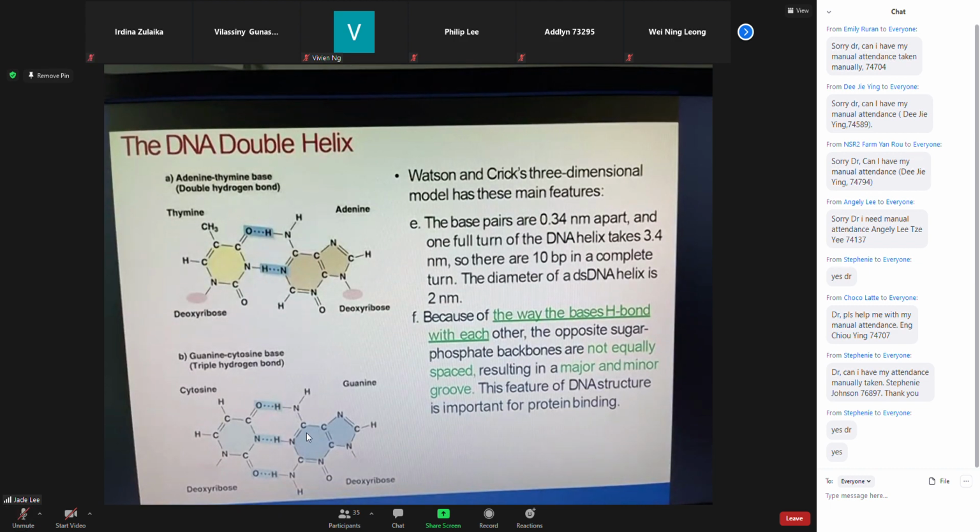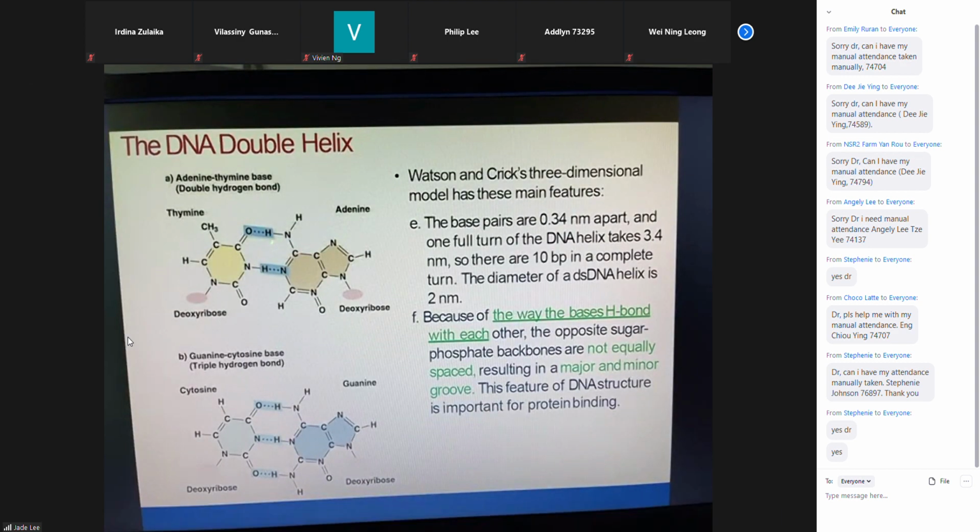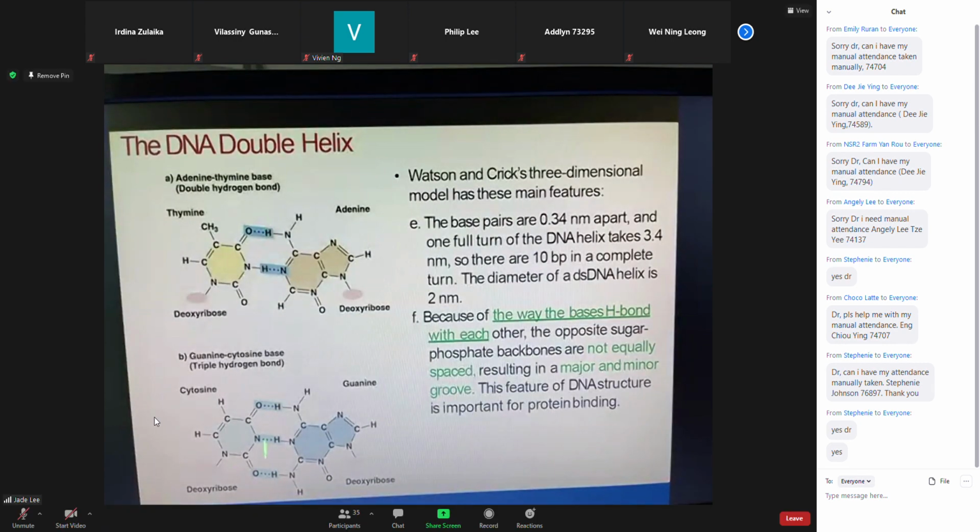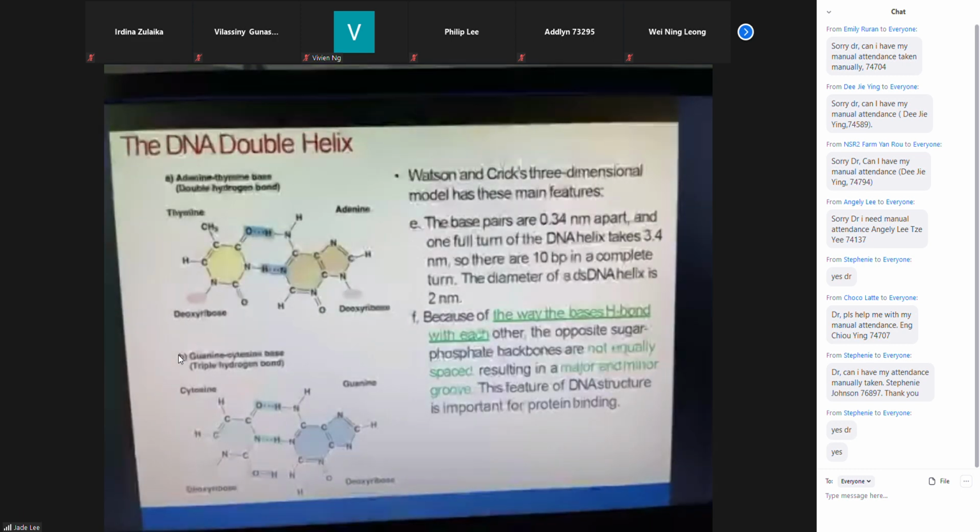Doctor, I have a question. How are the sugar-phosphate backbones not equally spaced? Because thymine and adenine only have two hydrogen bonds, while this one has three. If both were two, the hydrogen bonds would be equally spaced.